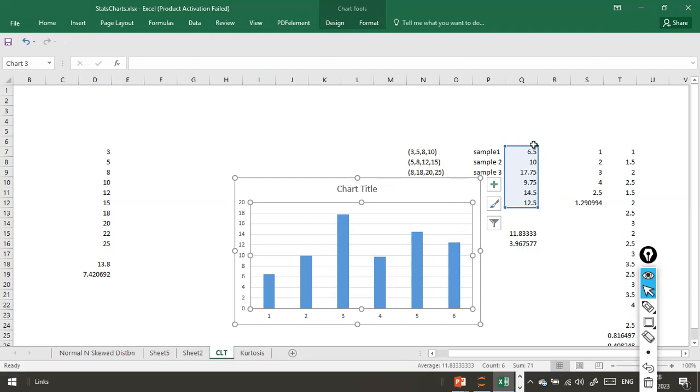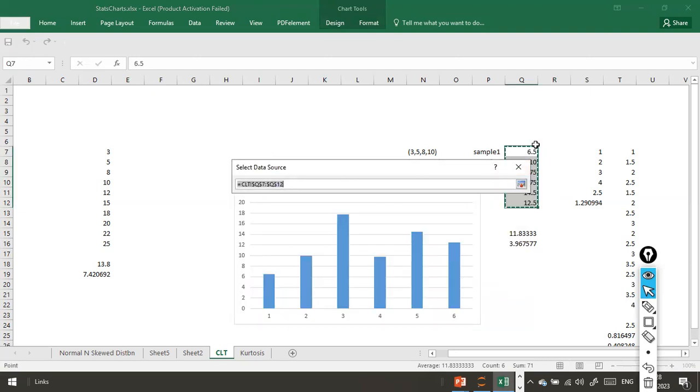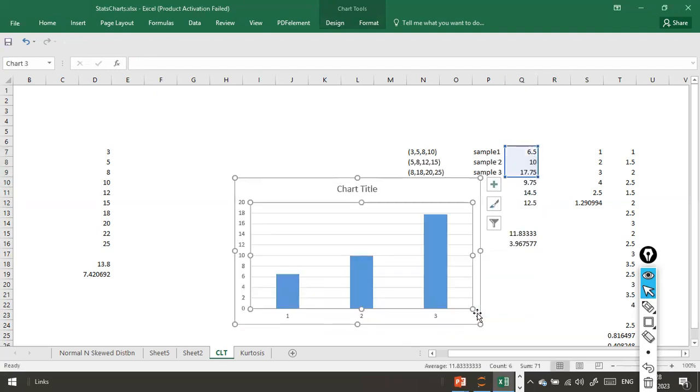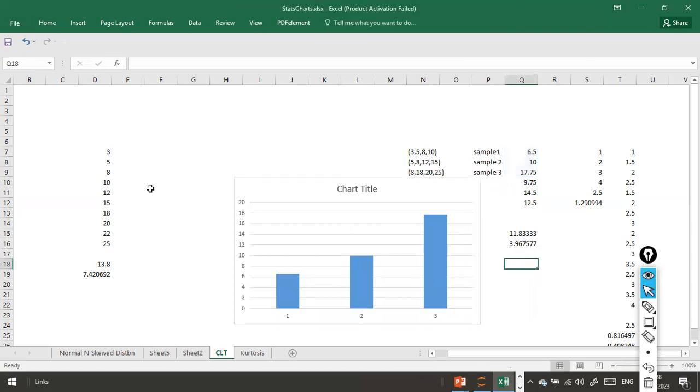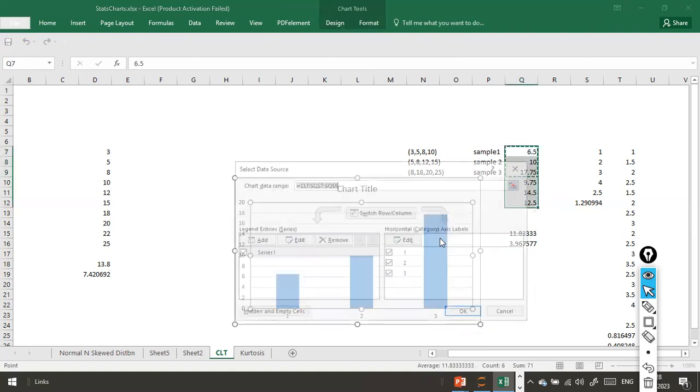If I plot only a few sample means, it is not approximately normal. As you draw more samples, it becomes approximately normally distributed.